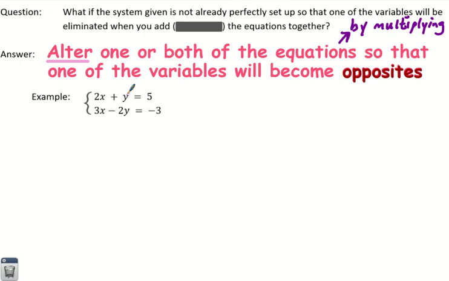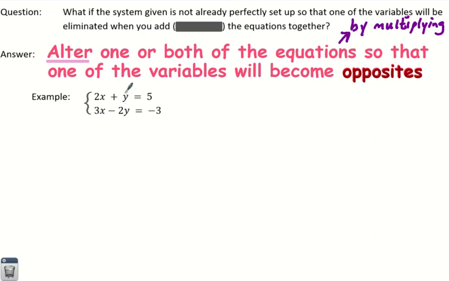What would be the simplest path here? I look at this and think, I can totally make this term into the opposite of this term. What would be the opposite of negative 2y? Well, obviously, positive 2y.